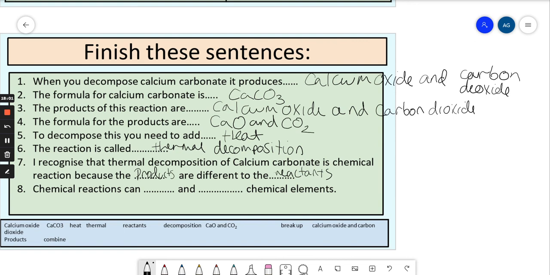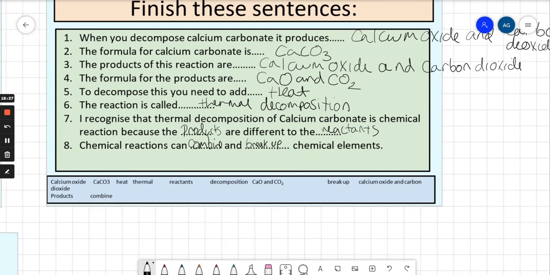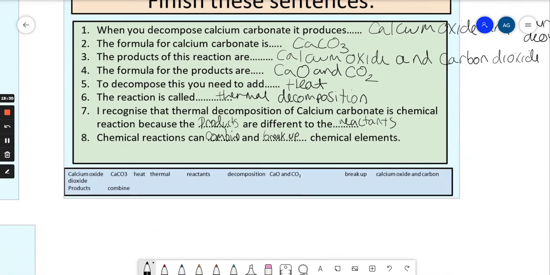Chemical reactions can combine and break up chemical elements. An example of a chemical reaction that breaks up chemical elements is thermal decomposition. So CaCO3 thermally decomposes to CaO and CO2.